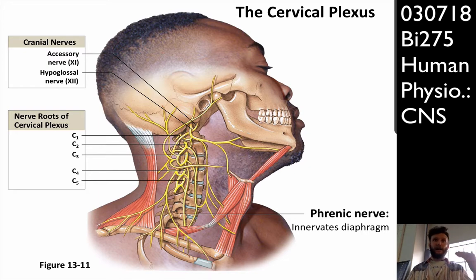So neck injuries at C2 or C1, if that person's not stabilized very rapidly, they will be unable to breathe and die. Below C3, C4, C5, they can survive.